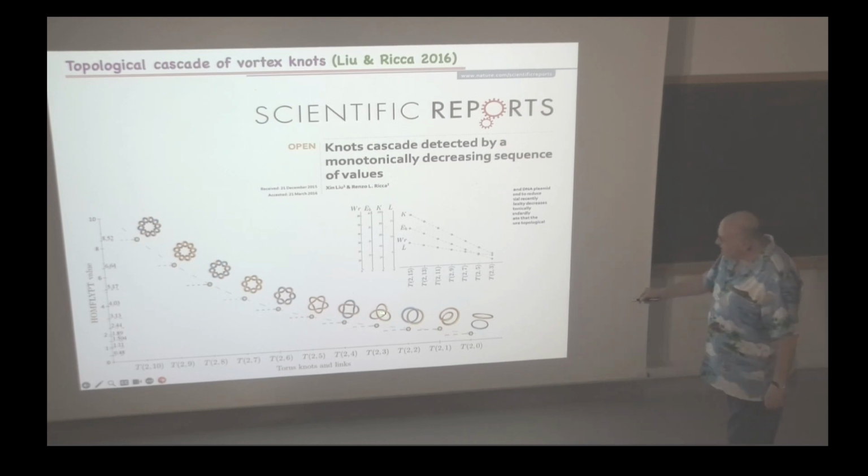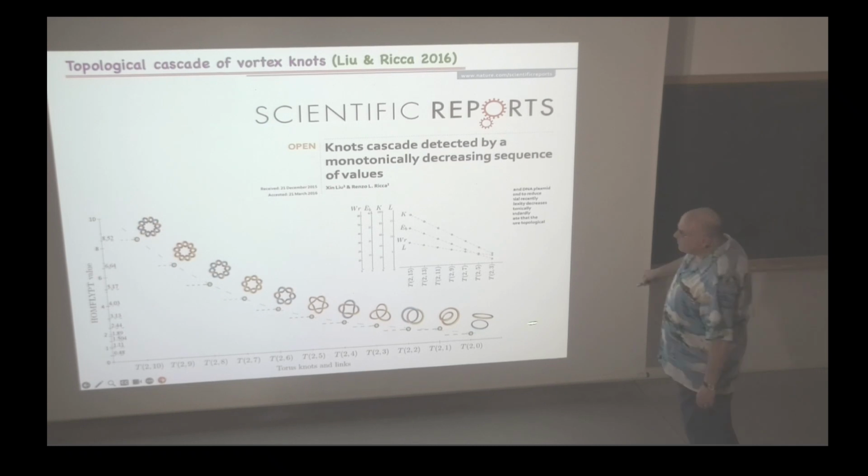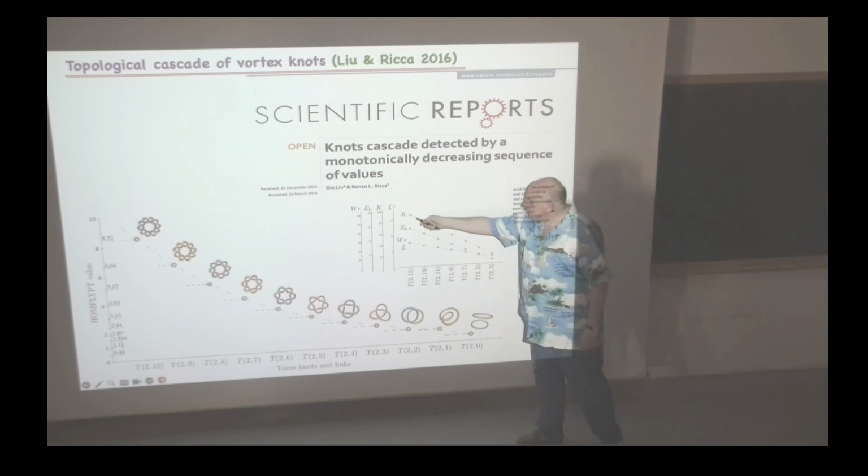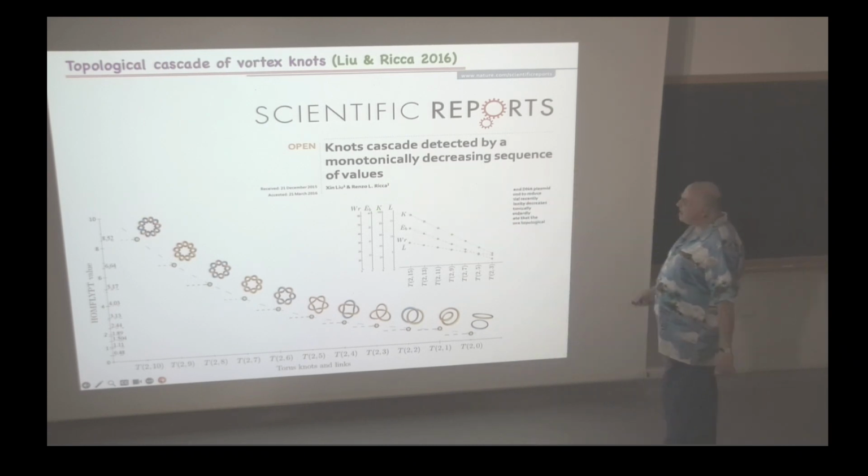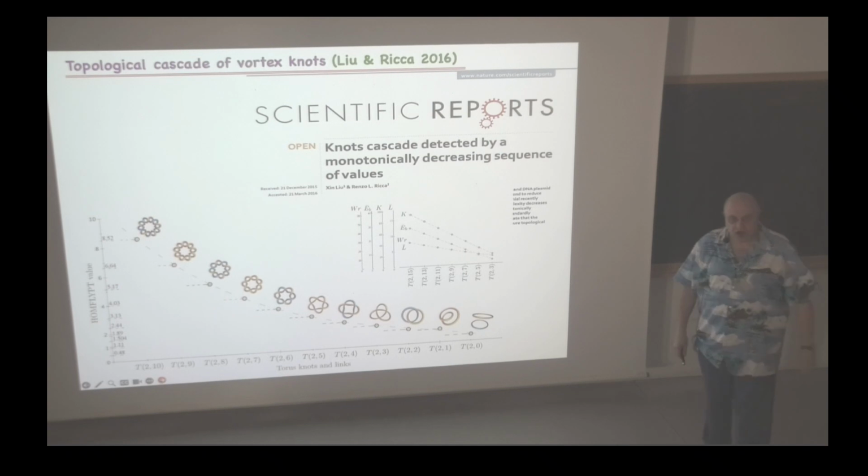Here, for example, the trefoil knot, the Hopf link, the unknot, and the smaller rings, starting from the 2, 10, and then down the others. And these are just the numbers: total length, kinetic energy, bending energy, writhe, etc. It depends on the scale you put them, but anyway, all these numbers go down. And this was done by using not polynomials, let's say adapted knot polynomials. So they are not exactly the knot polynomials of knot theory. They've been modified, and I will tell you something about that.